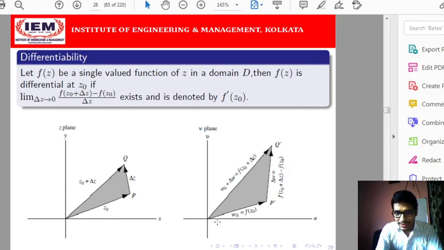Since a complex variable can be represented as a position vector, the resultant vector will be w0 plus del w, that is f(z0 plus del z). So take the ratio of this increment in the dependent variable to the independent variable, and its limiting value as del z tends to 0, that means P is gradually tending towards Q. Then this will be converging to the tangent at the point.